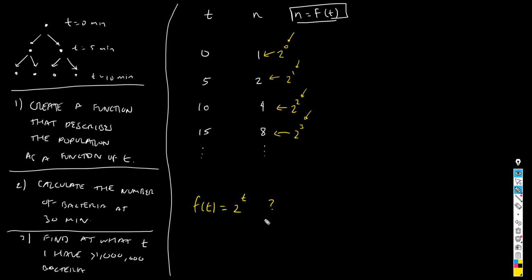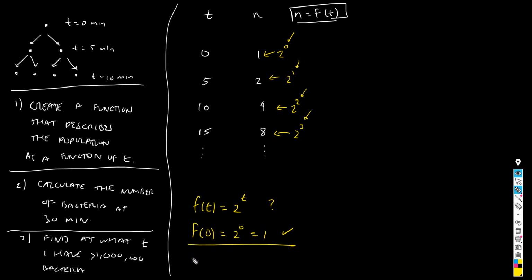Clearly not, right? Because if I write this function, I would be saying that the population of bacteria at 0 minutes is 2 to the 0, which is 1. And in this case, it checks. At time 0, I have 1 bacterium.